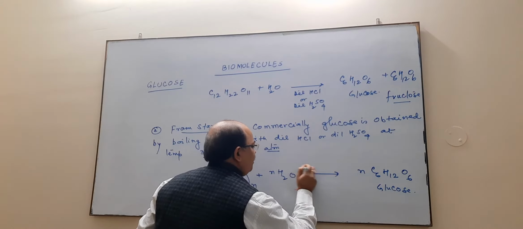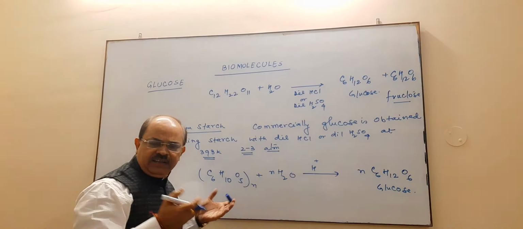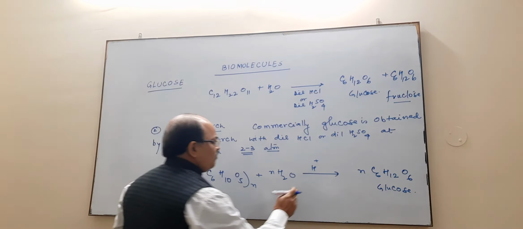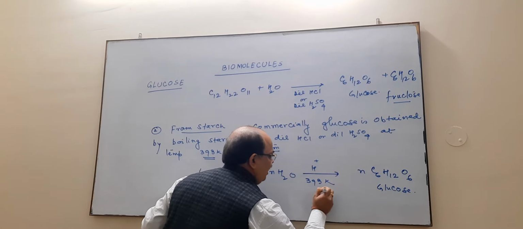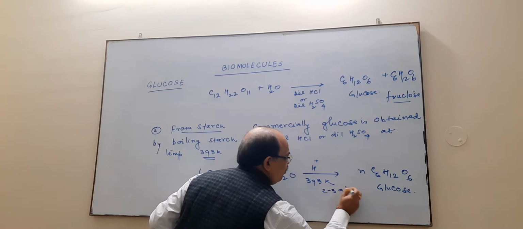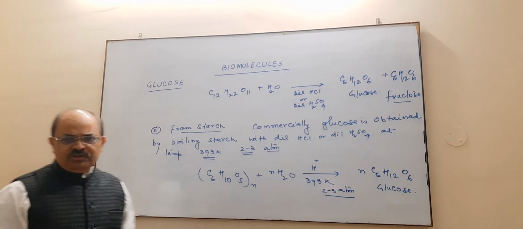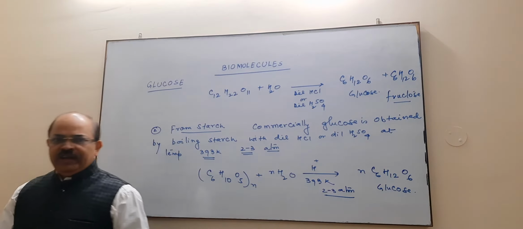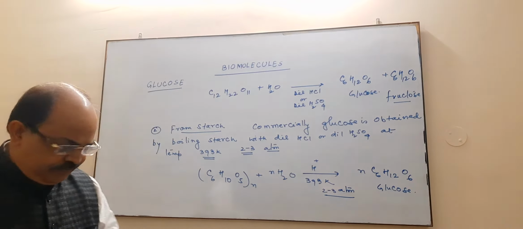So you may write H plus for either dilute HCl or sulfuric acid, and then temperature 393 Kelvin, pressure 2 to 3 atmospheres. So these are the main important methods by which we can obtain glucose.